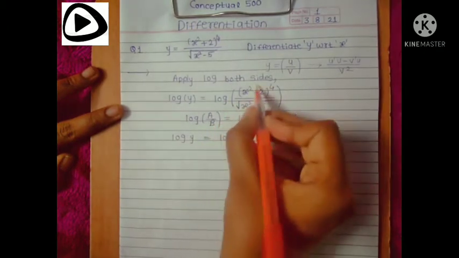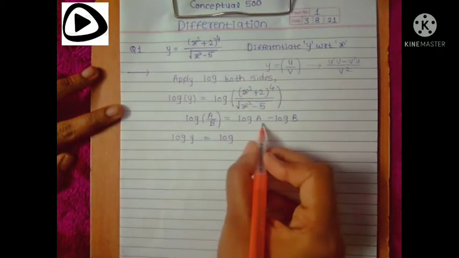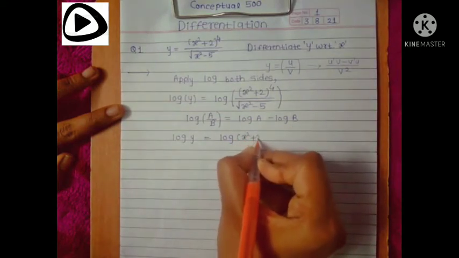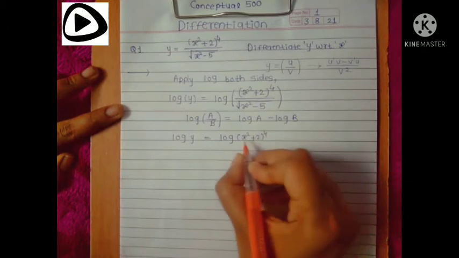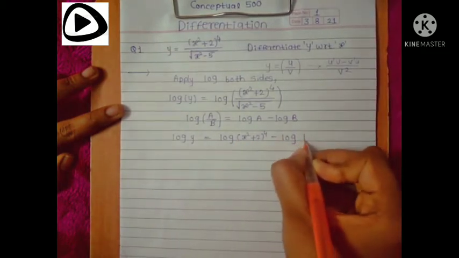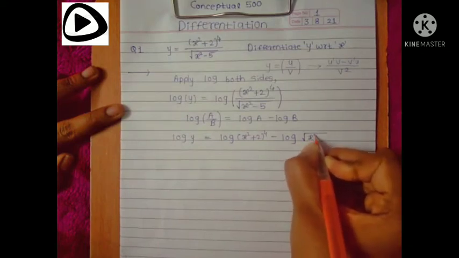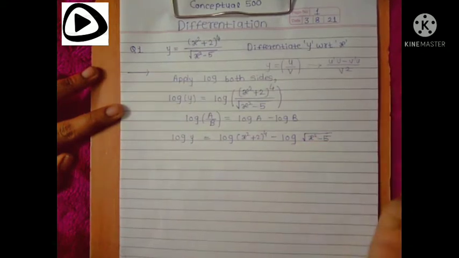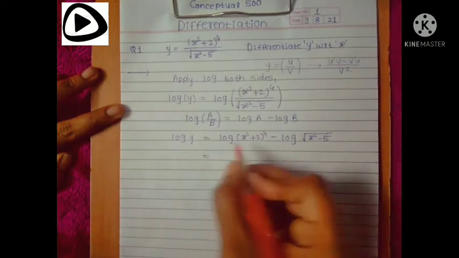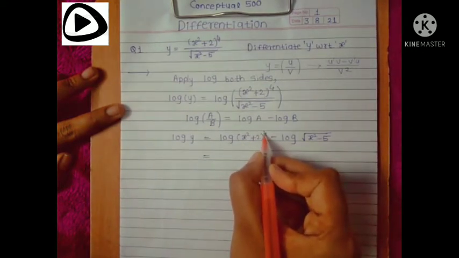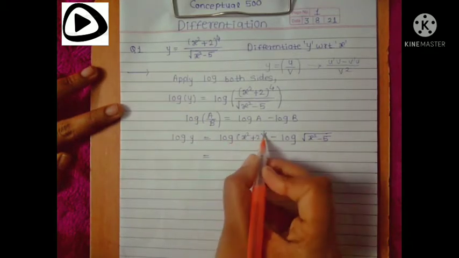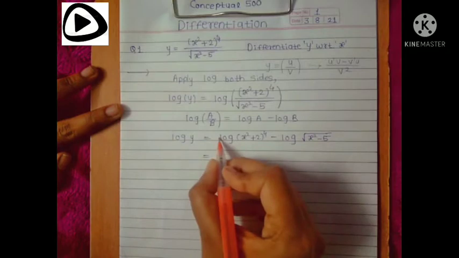Log a is log of x square plus 2 raised to 4, and log b is log of under root x square minus 5. The log brings this 4 down.